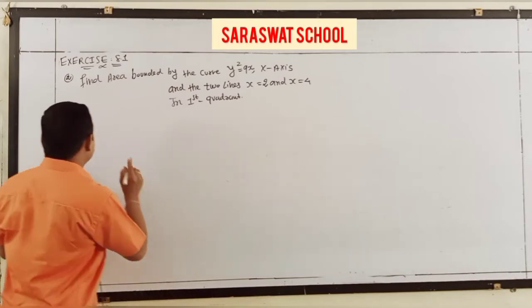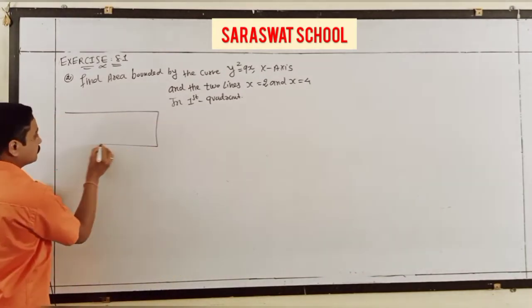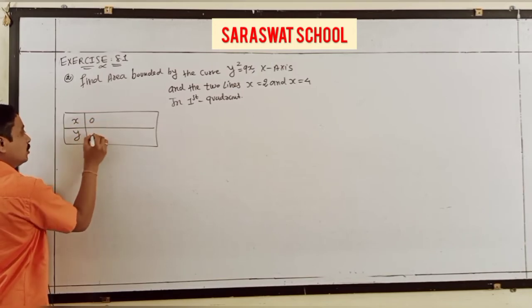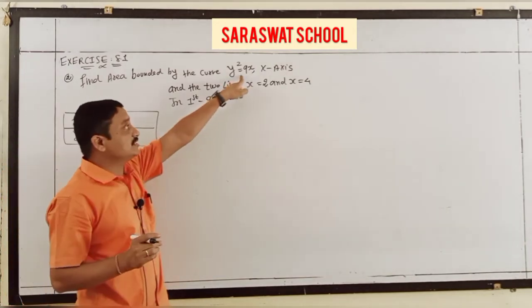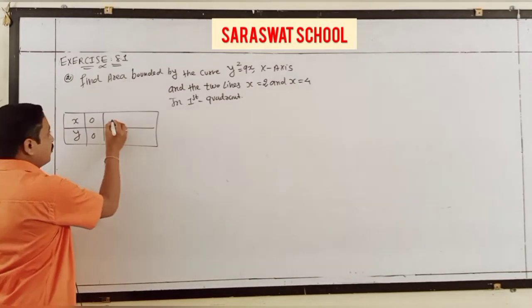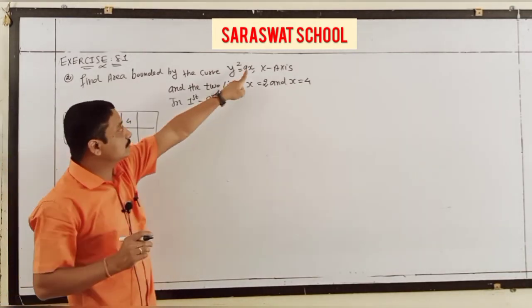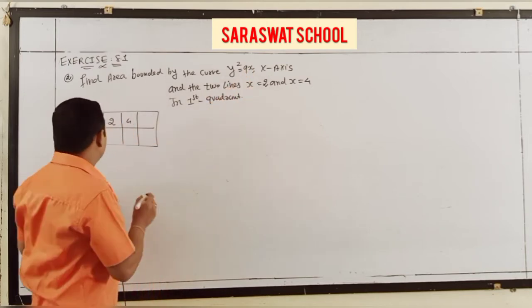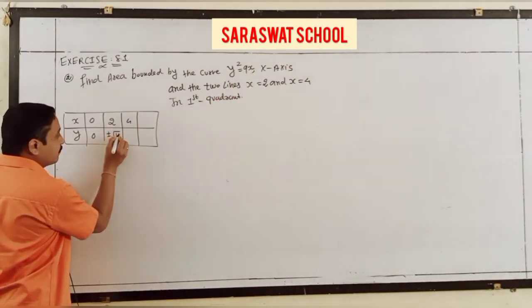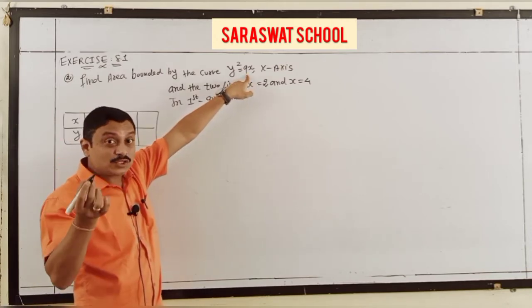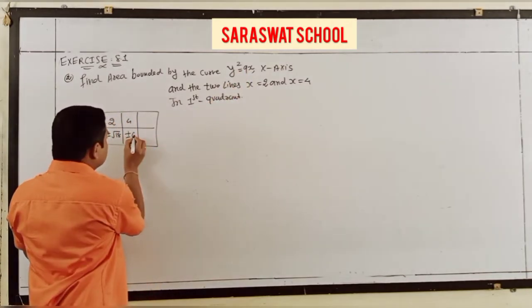So first of all take one little table for easy understanding. x is 0, definitely you put then y is 0. For x is 2, 9 times 2 is 18, y is equal to plus or minus root 18, and putting 4, 9 times 4 is 36, y square is 36, y becomes plus or minus 6.